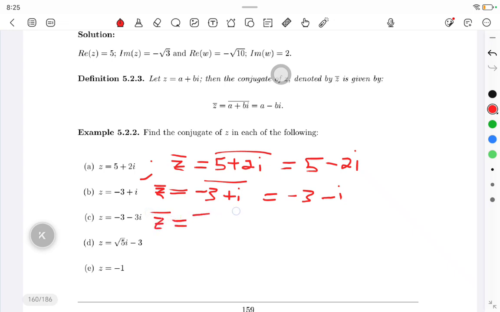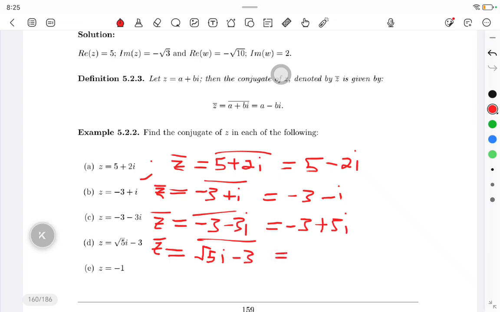Now, this one is root of 5 I minus 3. This is going to be minus root of 5i minus 3, because we are negating I. And the conjugate of minus 1 is going to be minus 1, because there's no I here, so we don't change anything. We only negate I.